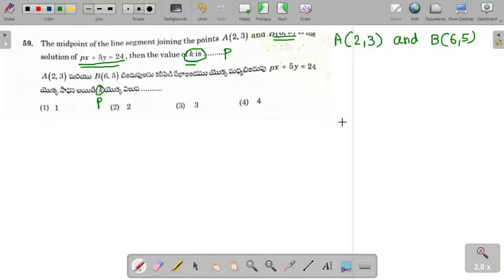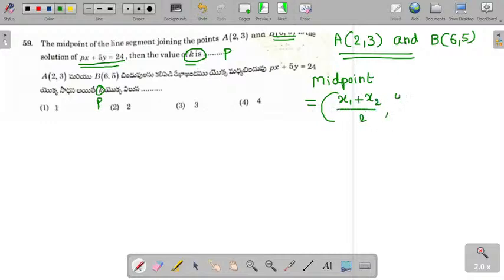So my dear students, first of all, we need to find out the midpoint of AB. What is the midpoint formula? The midpoint formula is x1 plus x2 by 2 comma y1 plus y2 by 2. That is nothing but the arithmetic mean of x coordinates comma the arithmetic mean of y coordinates.